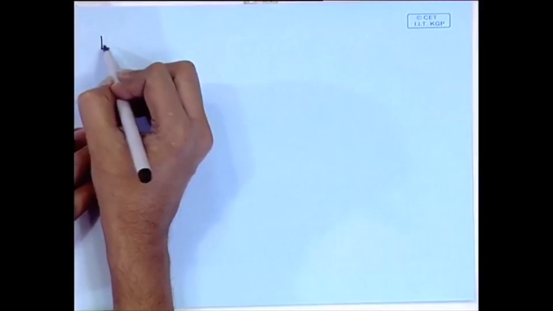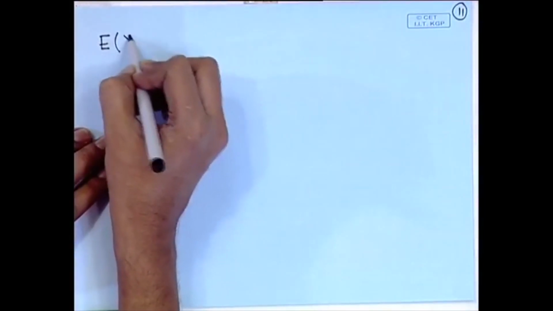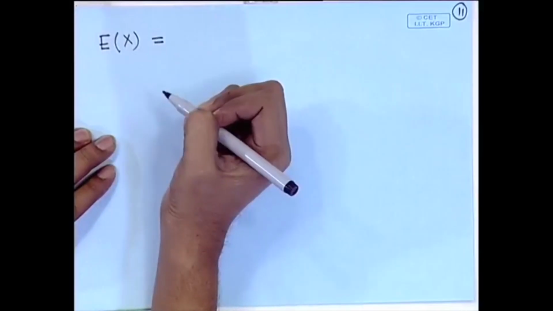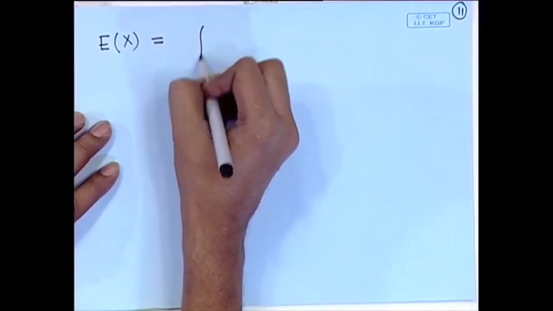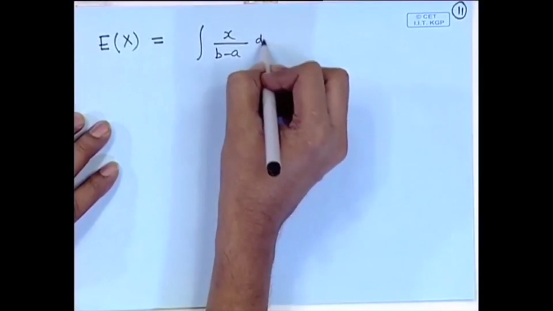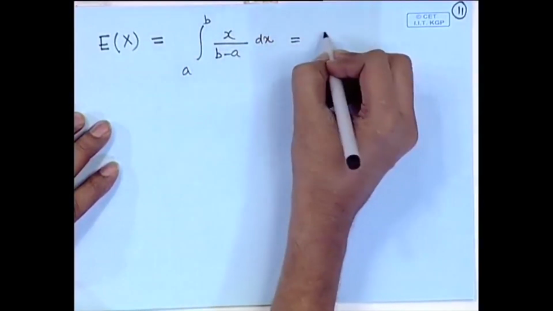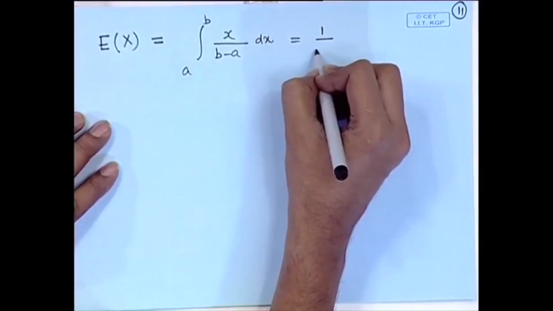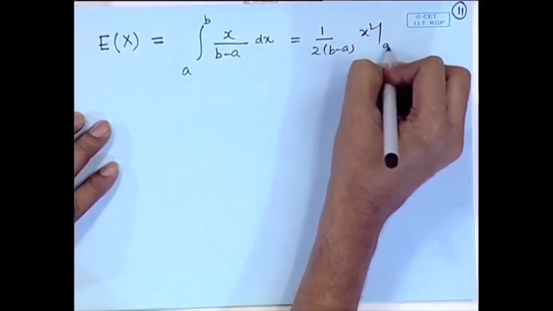What is the first moment? That is the expectation of x. So, it is equal to the integral of x divided by b minus a dx from a to b. So, that is 1 by 2 into b minus a, x square from a to b.